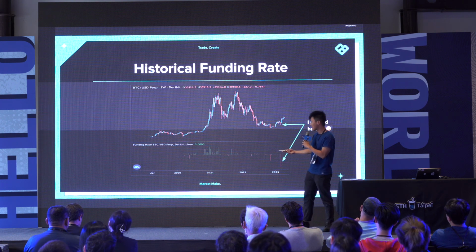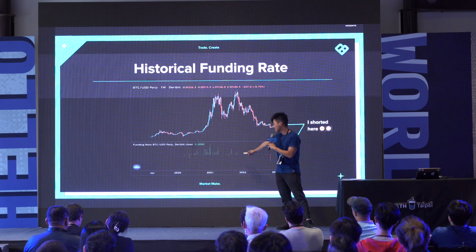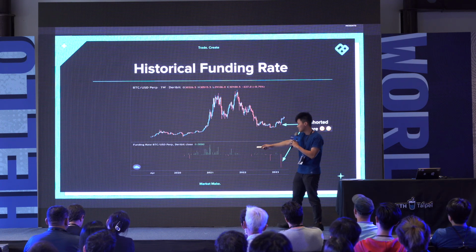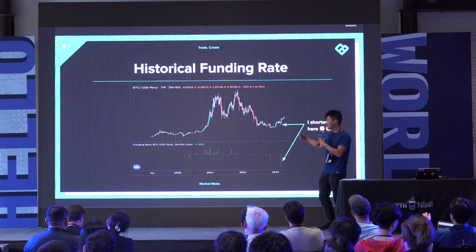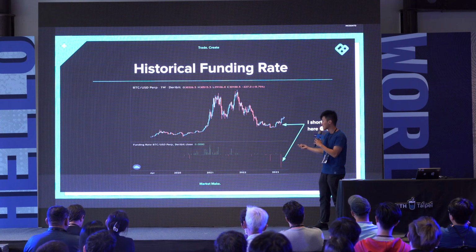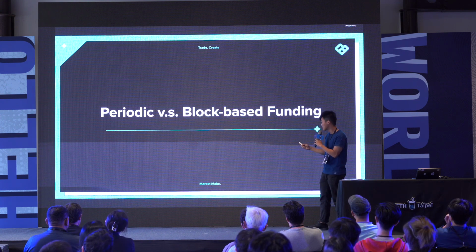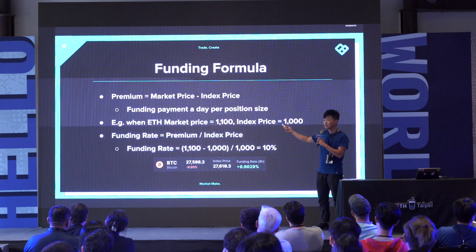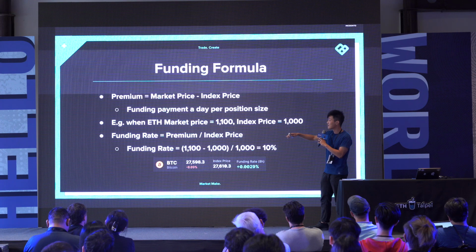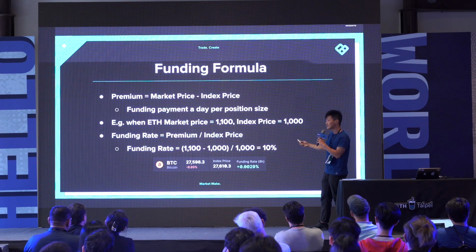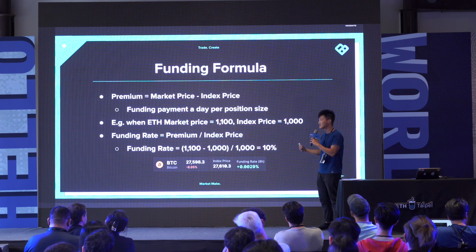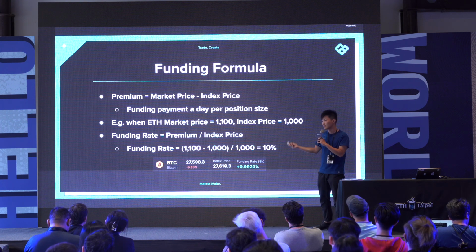We can observe that during the bull market, the funding rates were mostly positive, which fits the previous definition of funding rate, because there's a positive premium. During a bull market, users were optimistic about the future prices, so they were willing to pay a positive funding payment to short position holders.